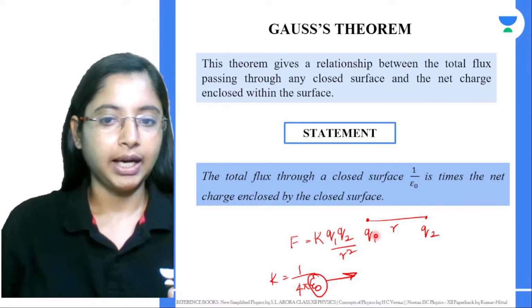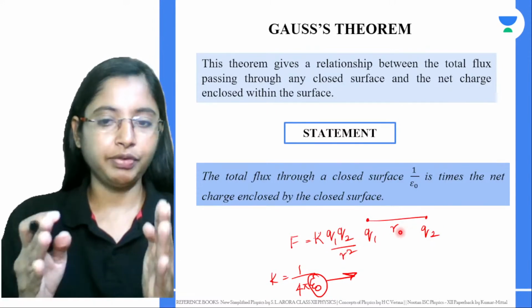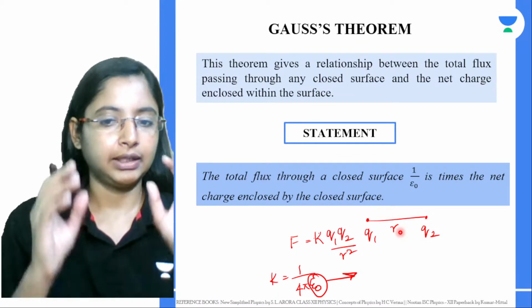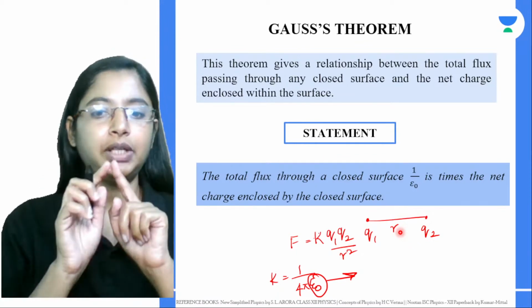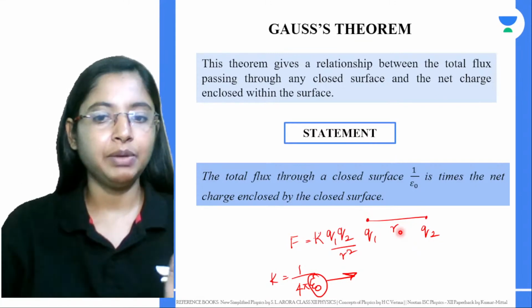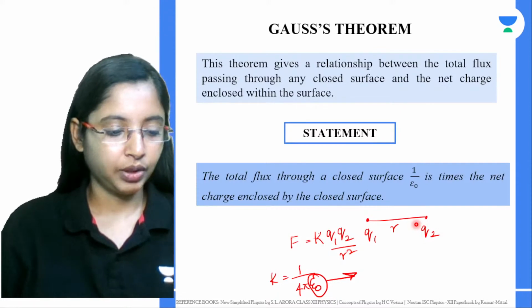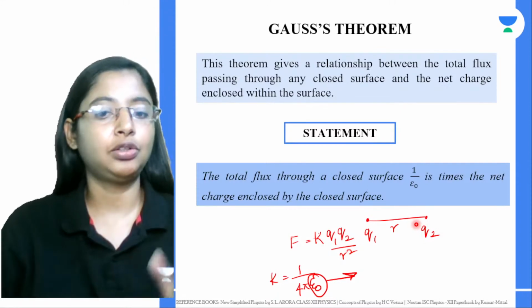Now I have two charges separated by a distance, and I am keeping this in vacuum. The quantity of the charges and the distance of separation between them remain the same. Now if I take this entire setup and put it in water, the electrostatic force changes. So what would have changed?